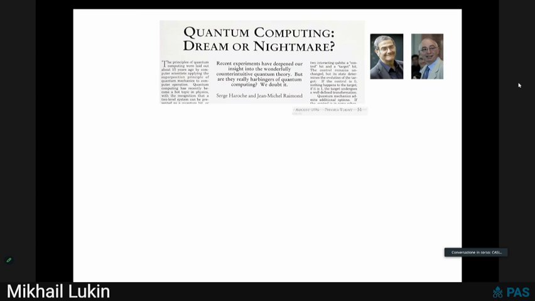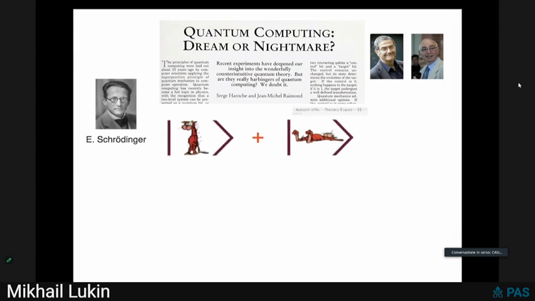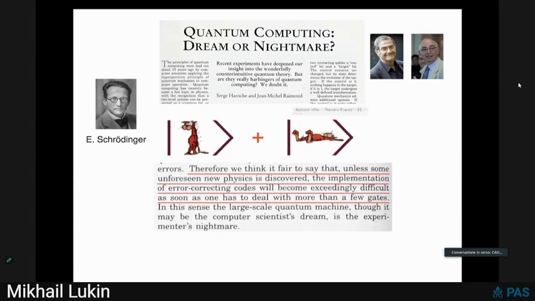The argument was quite simple: building a quantum computer is like creating Schrödinger cats, and quantum error correction is essentially encoding these cats into different cats, and that seems hard. Part of this, they talked about error correction. They said, "Therefore, we think it's fair to say that unless some unforeseen new physics is discovered, the implementation of error correcting codes will become exceedingly difficult as soon as one has to deal with more than a few cases."